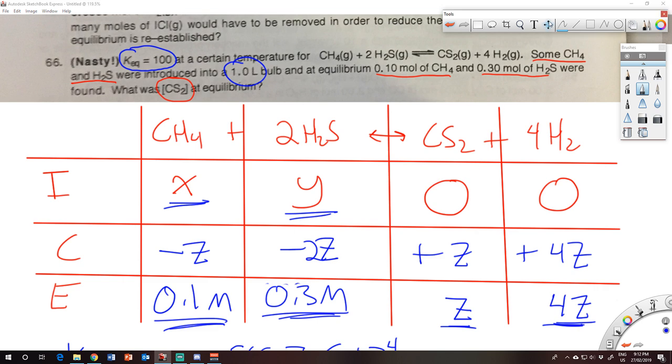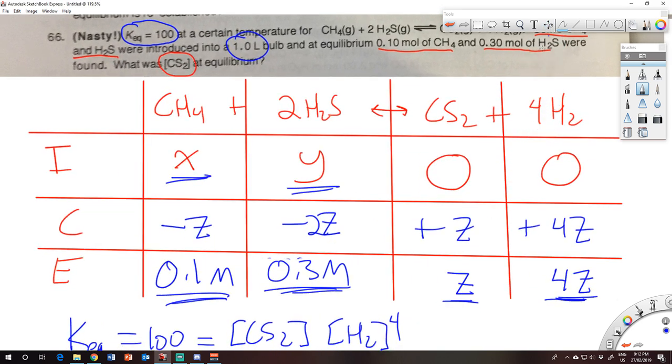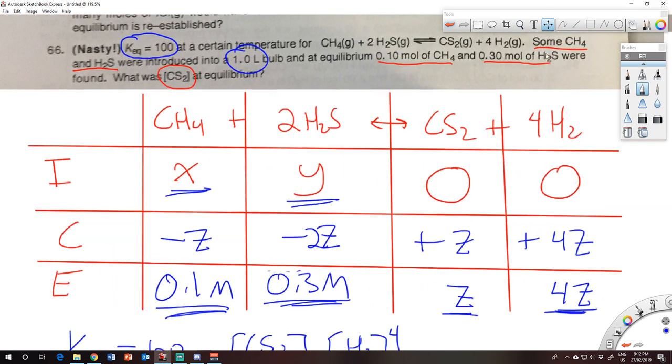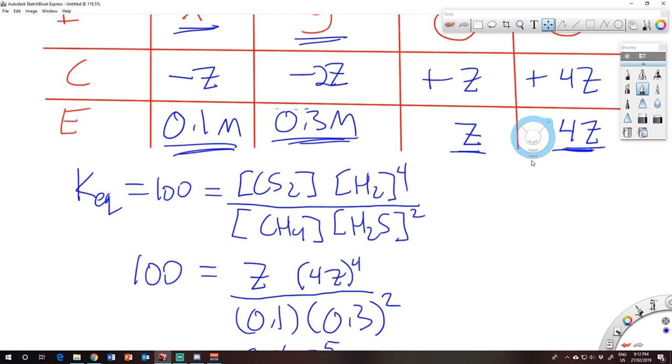At equilibrium, we know the mole amounts of CH4 and H2S, so we know that that's 0.1 molar, 0.3 molar. We know the reaction will proceed forward, so this will change by positive amounts. And yeah, I think that's it.